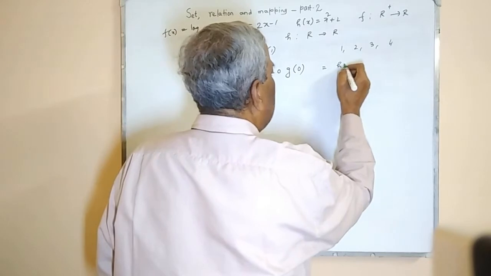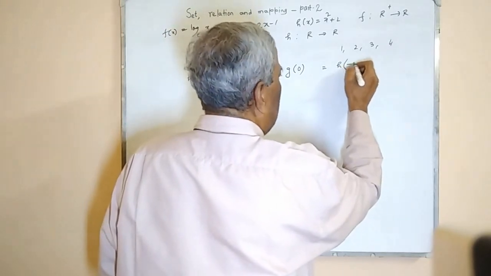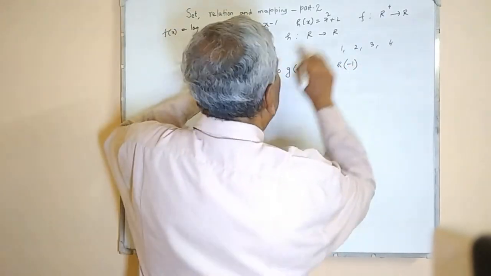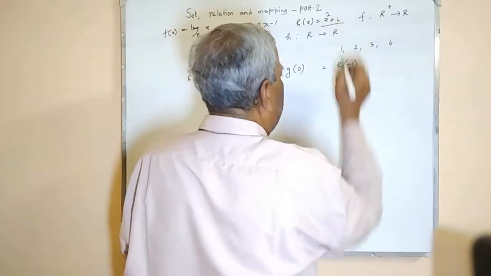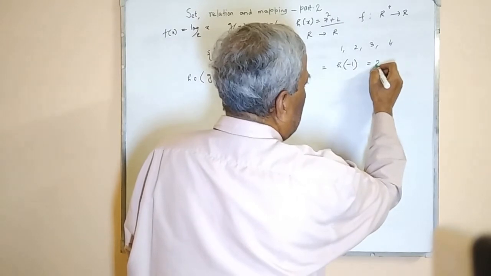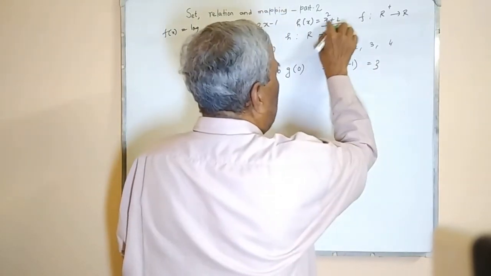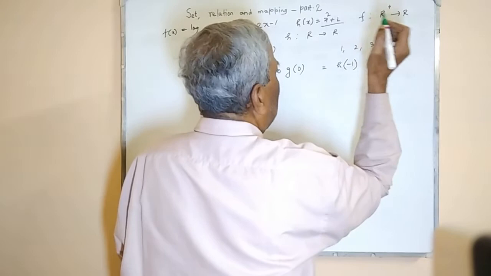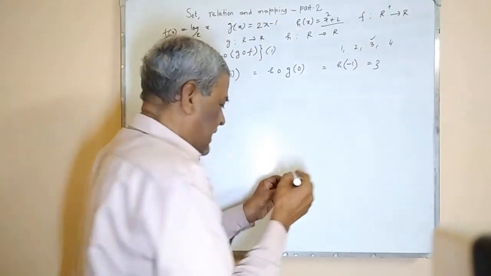So it is h of minus 1. h of minus 1 is equal to minus 1 squared plus 2, it is equal to 3. So the third option is correct.